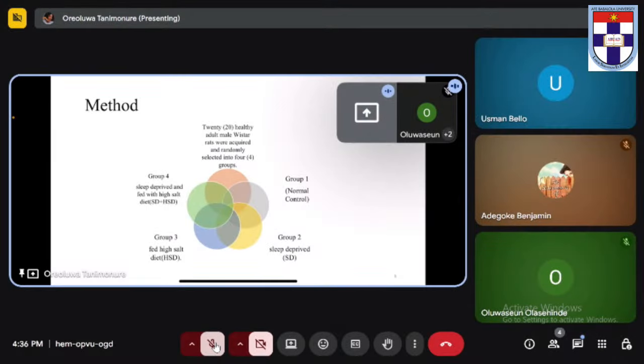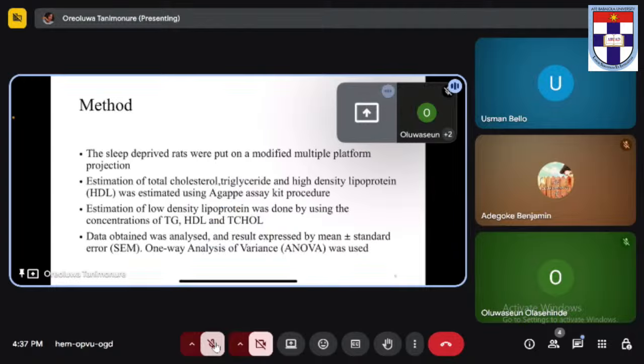Group 2 was the sleep deprived group. They were also fed normal pellet feed but sleep deprived. Group 3 was the high salt diet group, while group 4 was the sleep deprived and high salt diet group combined. The way we sleep deprived these rats was by placing them on a modified multiple platform, partially submerged in a cage filled with water.